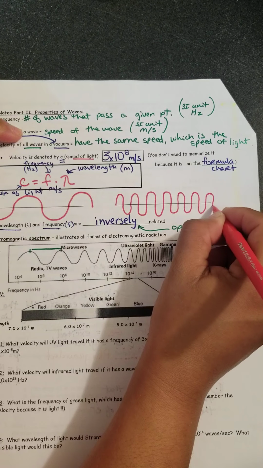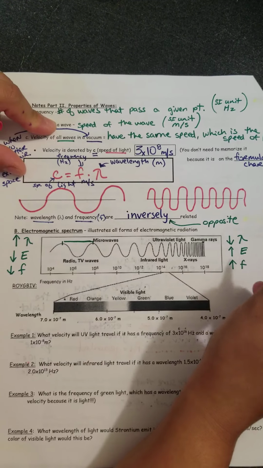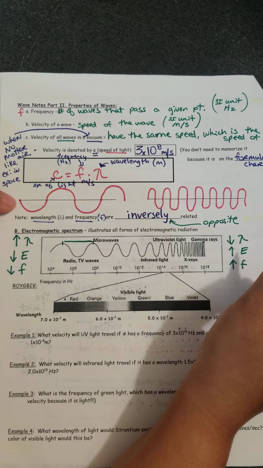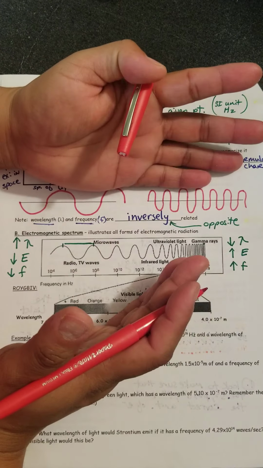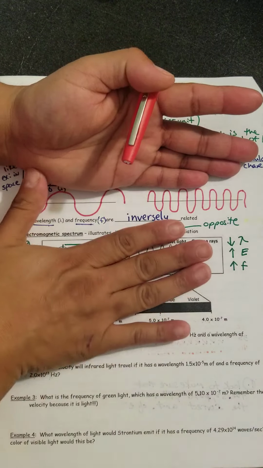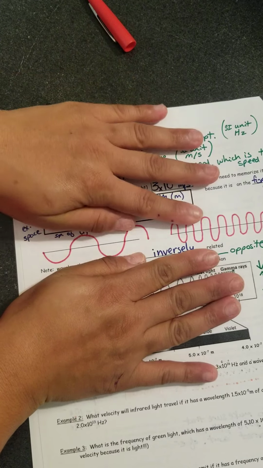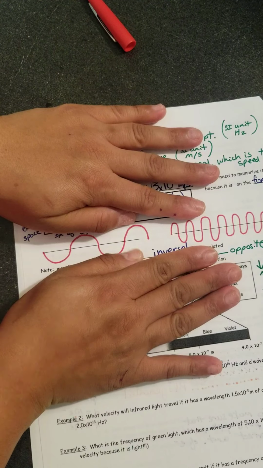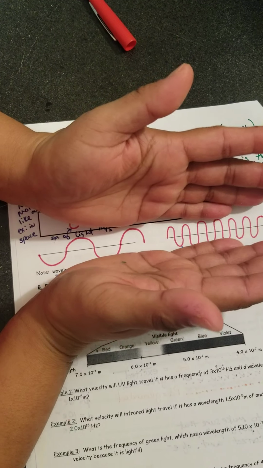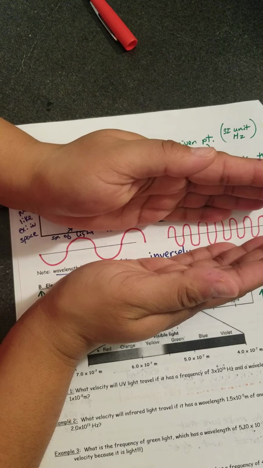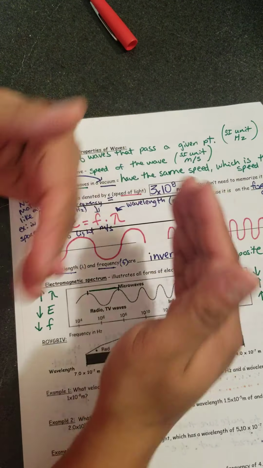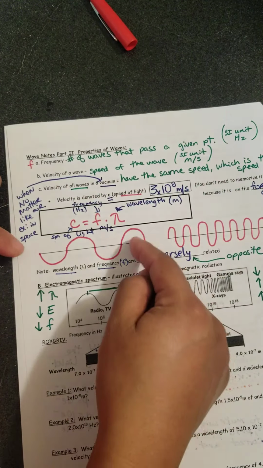I think you get the point. On this side I tried to make them the same height, and I tried to make it go all the way down to the same. I didn't want you to consider how high it goes up or down. I want you to consider this.